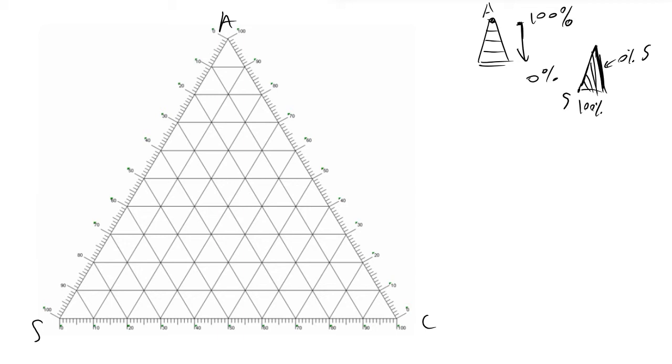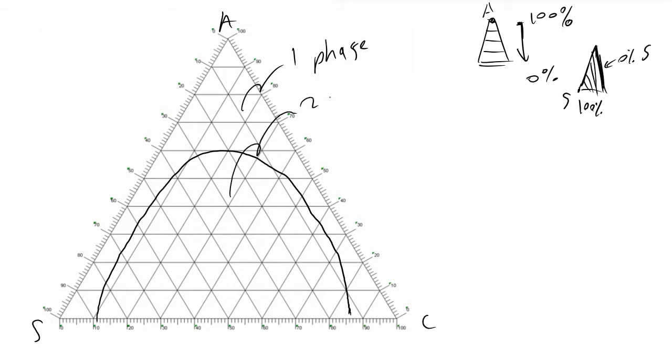But for the sake of continuing and keeping things general, on this two-phase diagram, I will pretend like we have a two-phase region that looks something like this. So everywhere in here will be the one-phase region, and everything in here will be the two-phase region.